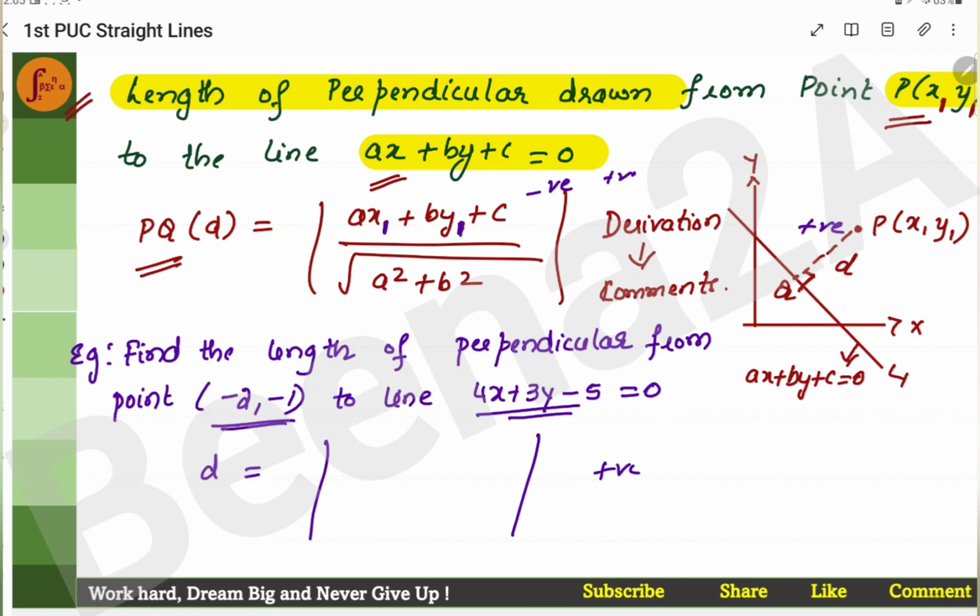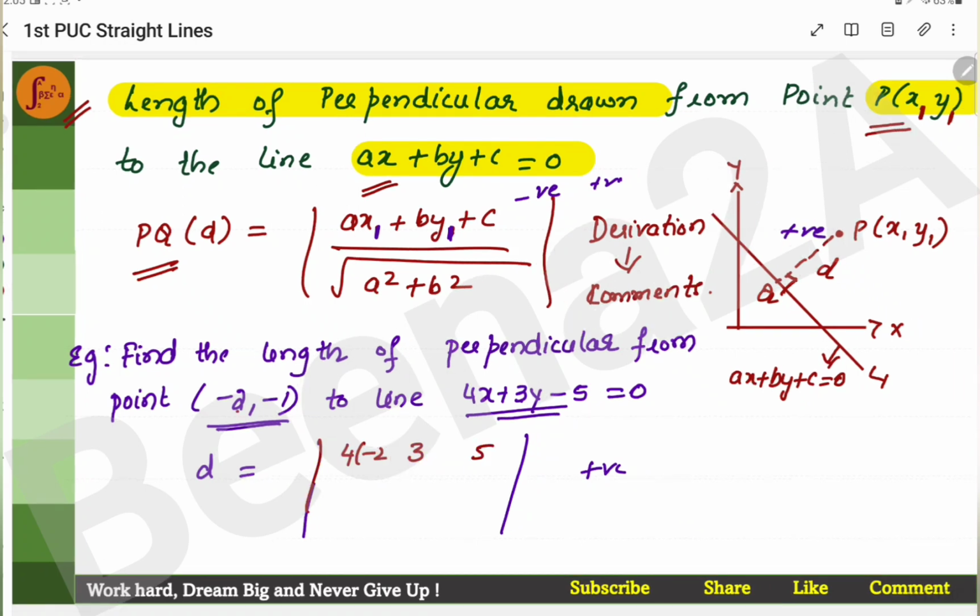Now ax1. So you have 4x; let's put the equation 4, 3, minus 5. Instead of x, I'll put this coordinate, minus 2. Instead of y, I'll put minus 1. Divided by root of a square. What is a here? A is 4. What is B? 3.